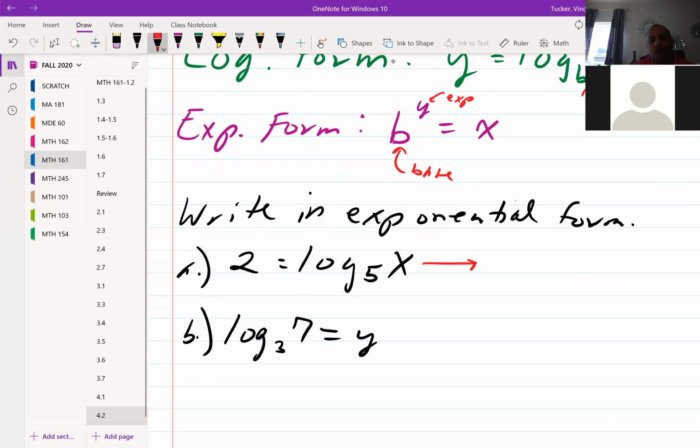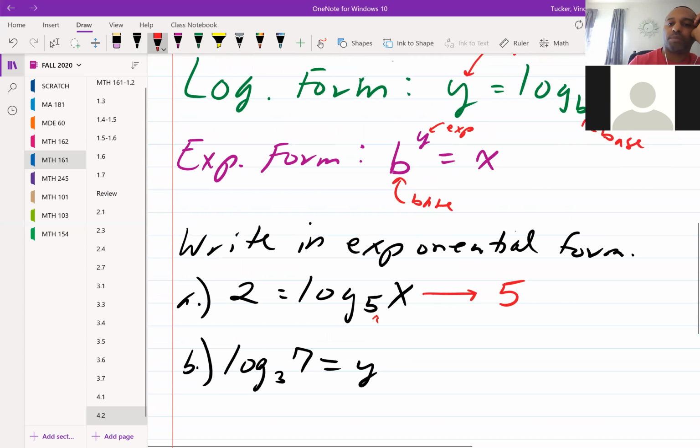All right, so we're going to write this in exponential form. We have 2 equals log base 5 of x. So first of all, you can start off by writing your base. You know that your base is the 5. And the way I look at the relationship is whatever's next to the base in one relationship should not be next to the base in the other relationship.